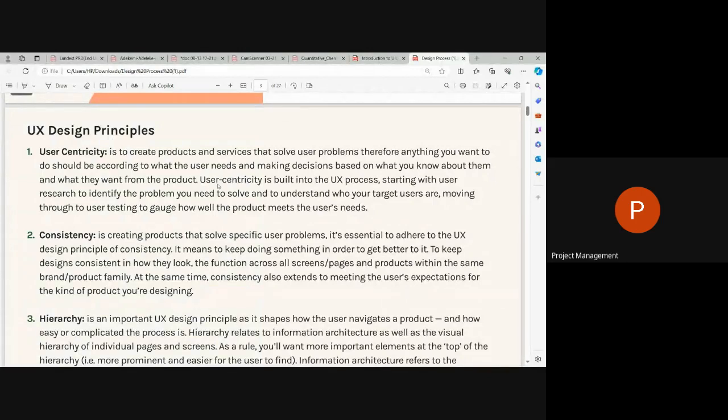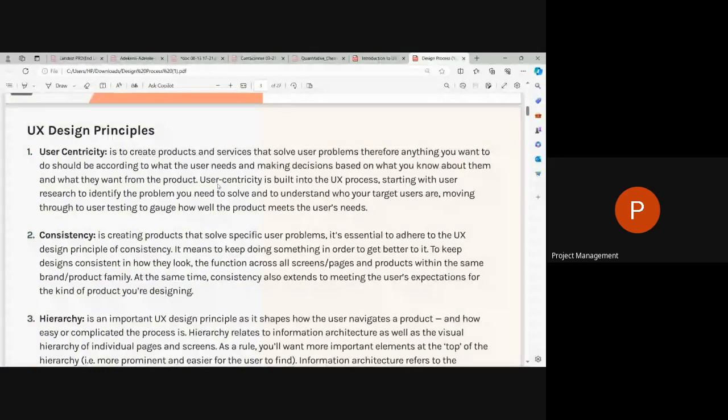You have to make your decision based on the information you have about them and what they want from your product. It has to be centered around the user's needs and pain points. So that is user centricity.